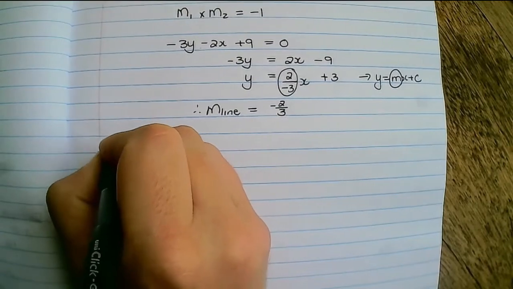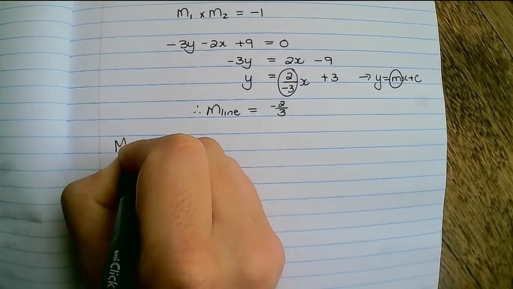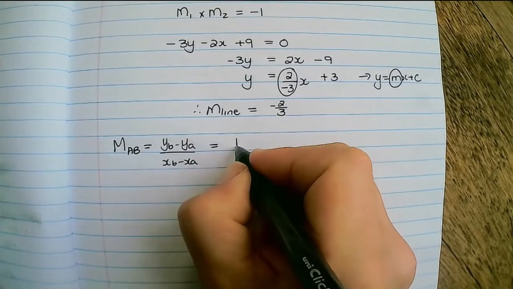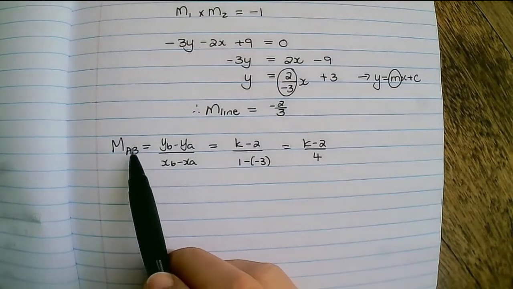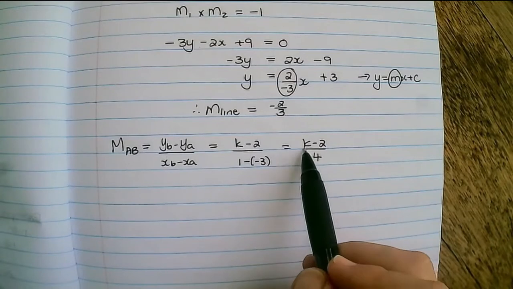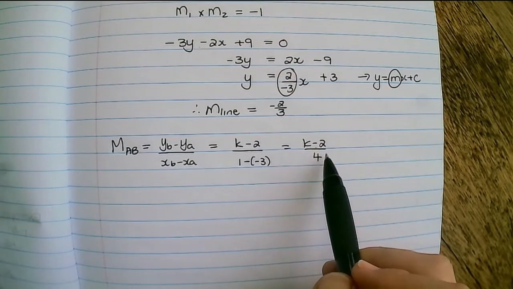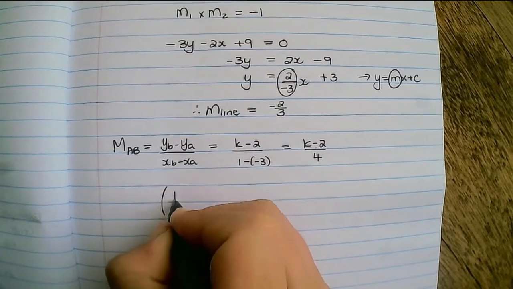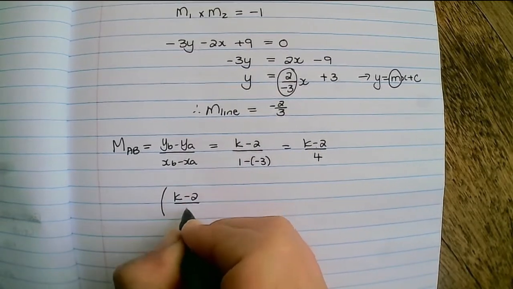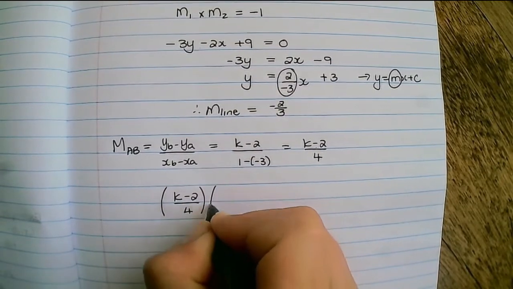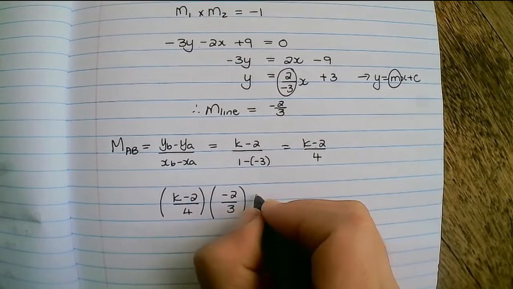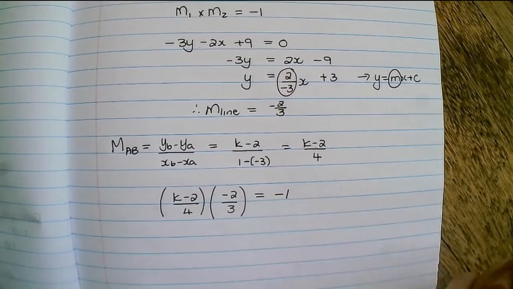Now we can find the gradient of line AB. So it's the difference of y's over the difference of x's. So the gradient of line AB is k minus 2 over 4. Now because these lines are perpendicular, k minus 2 over 4 times -2 over 3 is equal to -1.